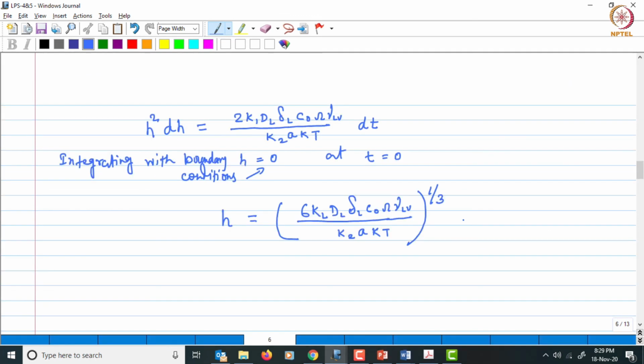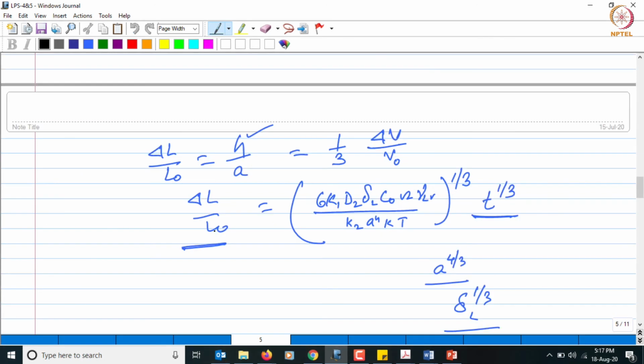Okay, so first h was derived from the material removal rate dV by dt with an expression like this. Okay, and from that the shrinkage delta L by L0 was derived as h by A, which will ultimately give rise to an expression like this.